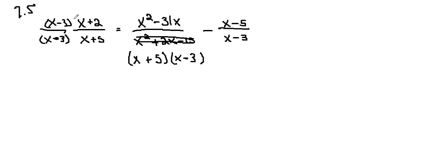So there I've got a couple of binomials that I'll FOIL in a minute. And let's do this one over here the same way. This has got x minus 3, but it's missing x plus 5. So now I've got the denominators to be the same, and over here again, top and bottom.